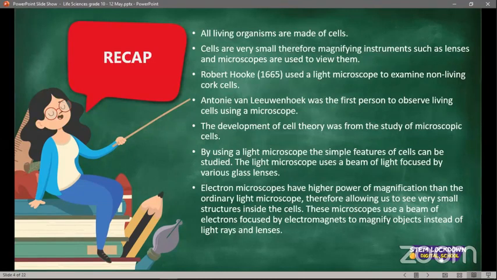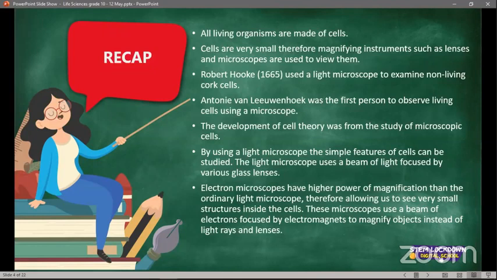Now, this was a very interesting section of the topic. So we said that by using a light microscope, the simple features of cells can be studied. And the light microscope uses a beam of light focused by various glass lenses. And then we also talked about the electron microscope. It has a higher degree of magnification than the ordinary light microscope. Therefore, it allows us to see very small structures inside the cells.